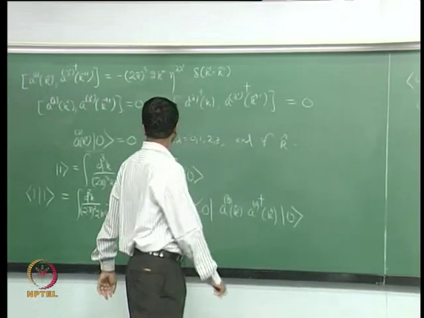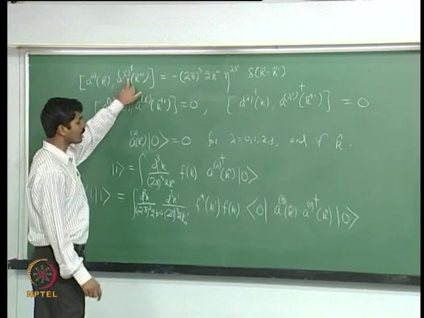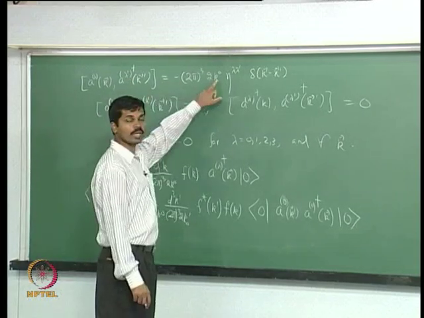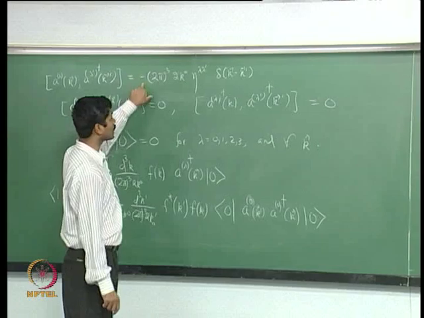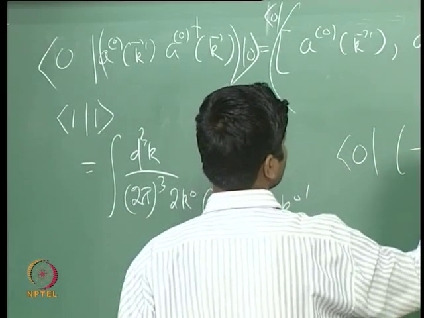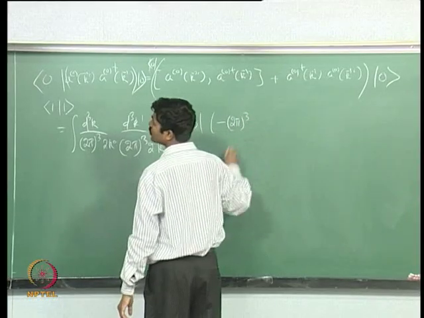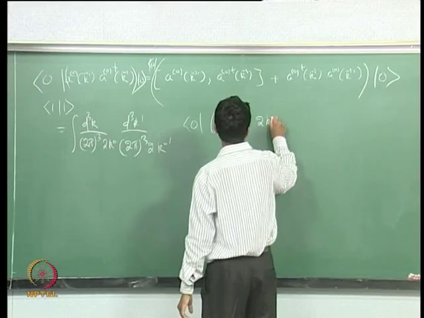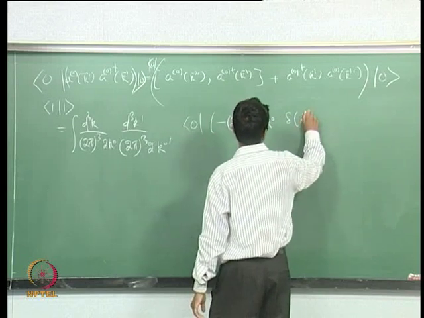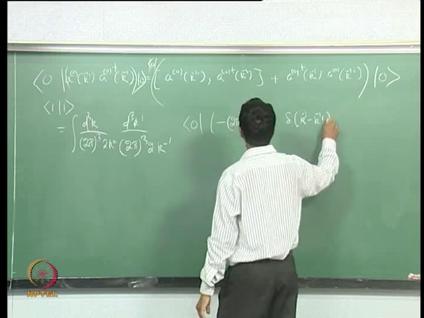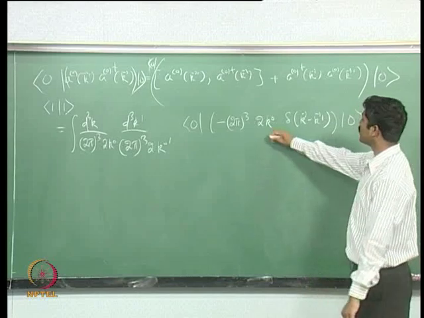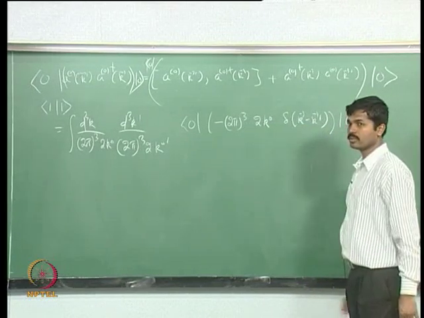So, for λ equal to 0 and λ′ equal to 0, it will give you −2π³ 2k⁰. Because of this minus sign here, you have a minus 2π³ 2k⁰ times δ(k − k′). This is all you get. η⁰⁰ is 1, therefore, this is what we have.